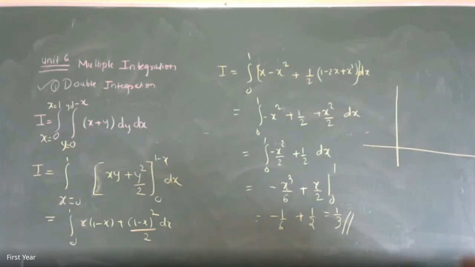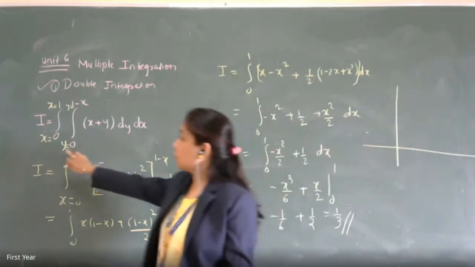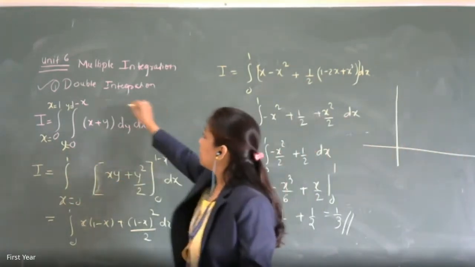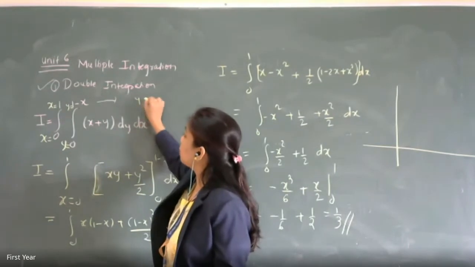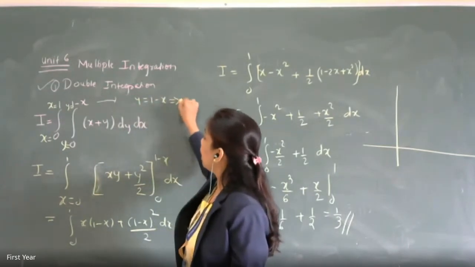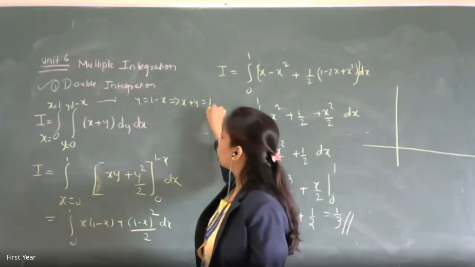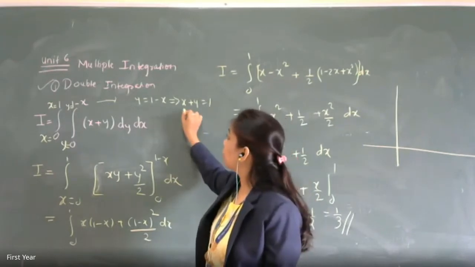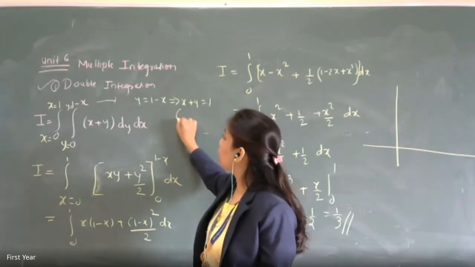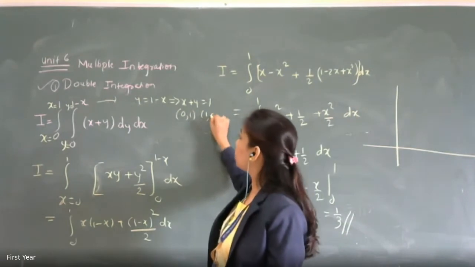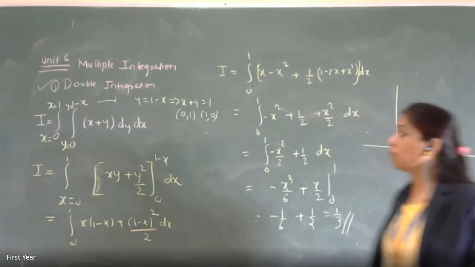Y is equal to 0 is which line? X-axis. Correct? Then y is equal to 1 minus x means x plus y is equal to 1. So this is a line. When you put x is equal to 0, you get y is equal to 1. So (0, 1) and (1, 0). Line passing through (0, 1) and (1, 0).